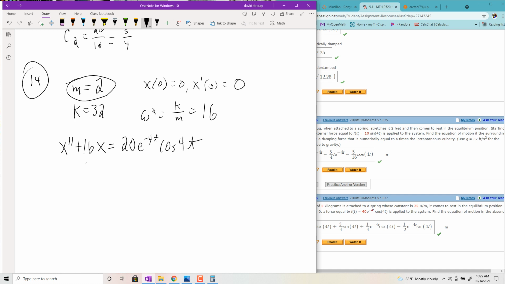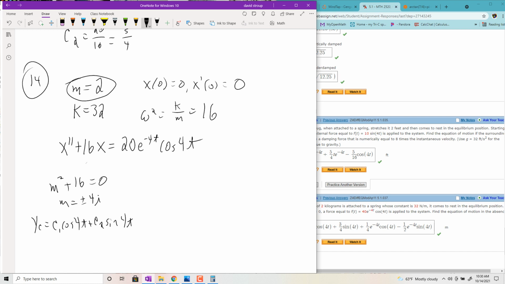Okay, so get the associated homogeneous version solved. So its characteristic equation, of course, m squared plus 16 is 0. So m will be plus or minus 4i. So the complementary part of the solution is going to be c1 cosine 4t plus c2 sine of 4t.